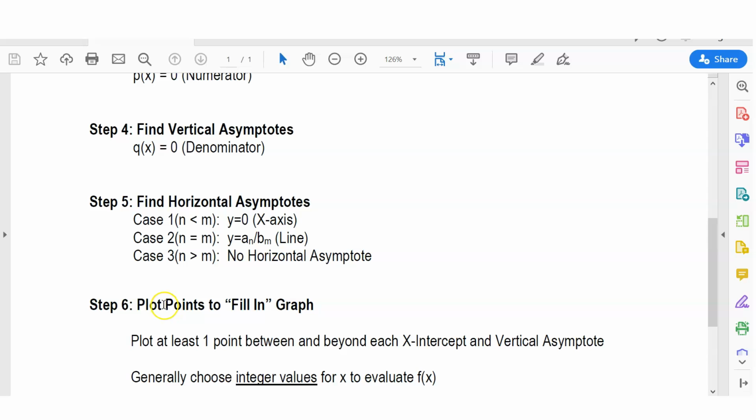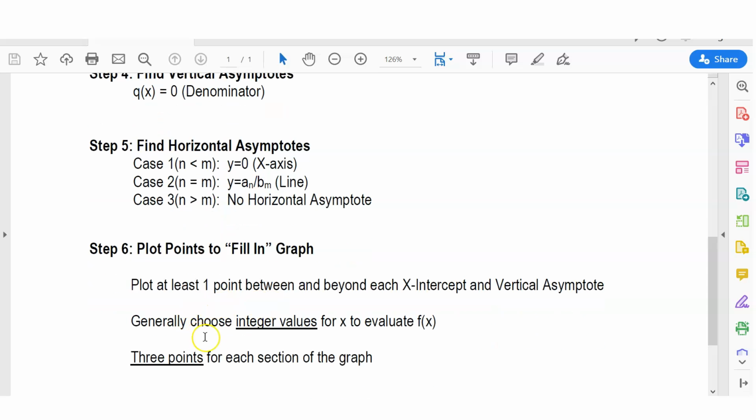So we don't necessarily want to pick random points. We want to pick points in an intelligent way to fill in key missing pieces of the graph. And we generally like to choose integer values to substitute into the function because they're easier to evaluate. And generally, we'd like at least 3 points for each section of the graph. I will try to illustrate this as we go through the examples.